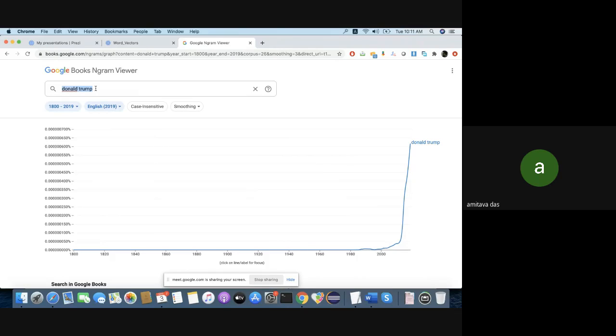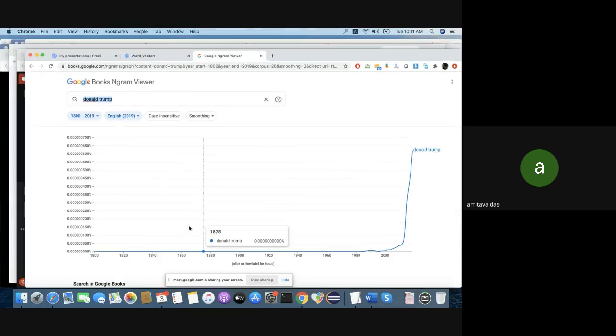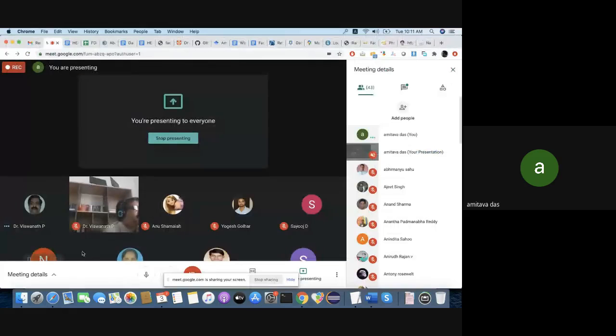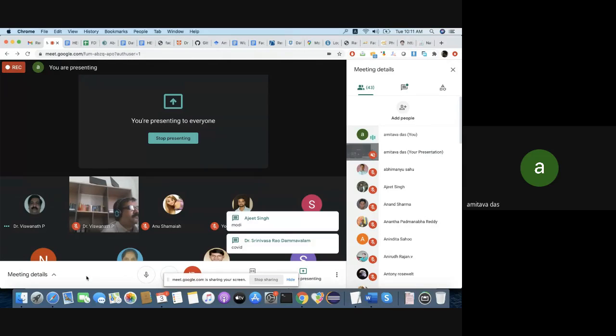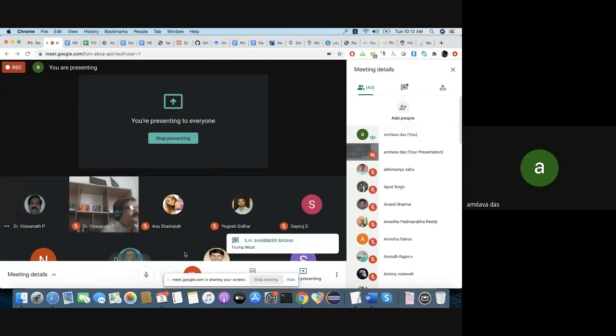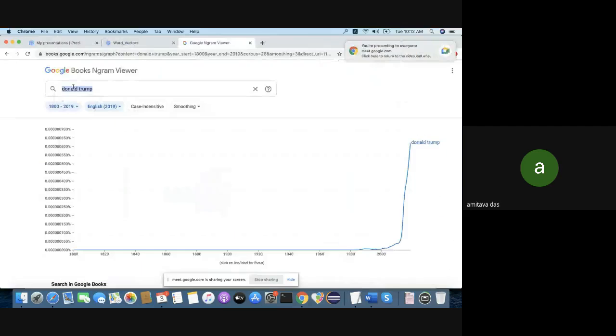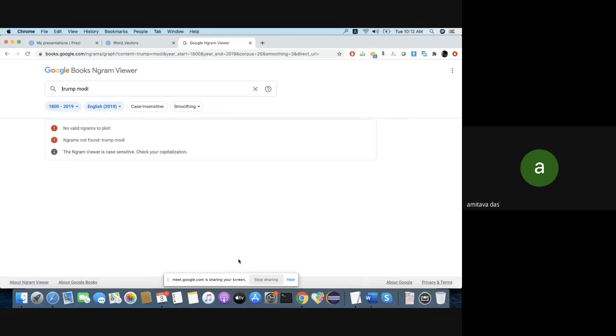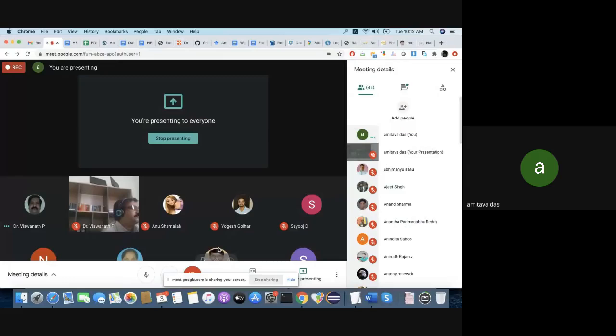Any other bigram you would like to see? Anybody from the audience? Not Modi, it has to be a bigram, two words. Narendra Modi. Trump Modi. Okay, interesting. Let's see. Trump Modi. Now, what else?